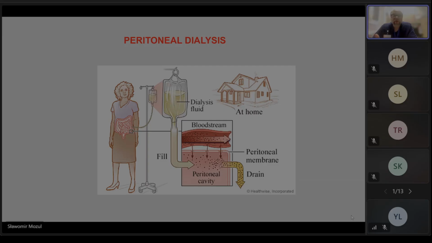The primary complication of peritoneal dialysis is infection due to the presence of a permanent tube in the abdomen. Most people on dialysis with this method are young people that are usually waiting for a kidney transplant.